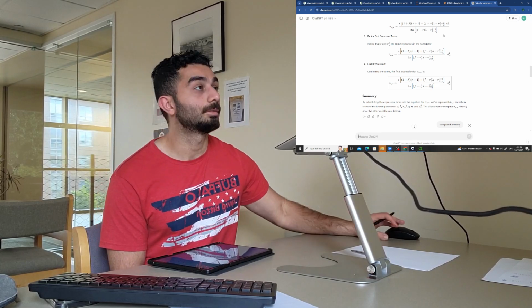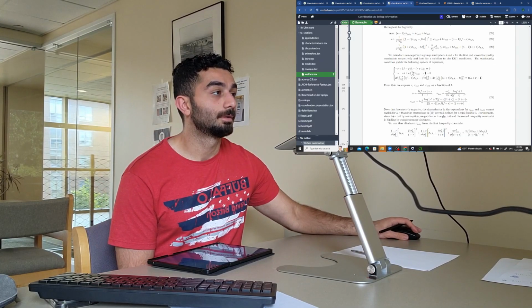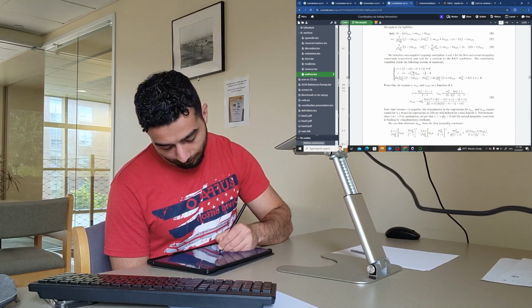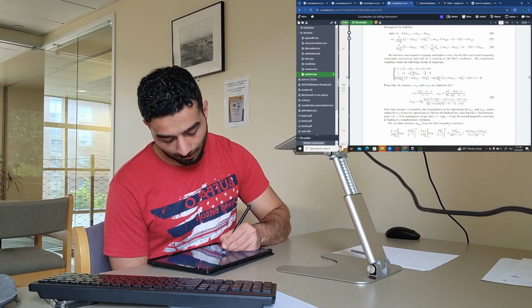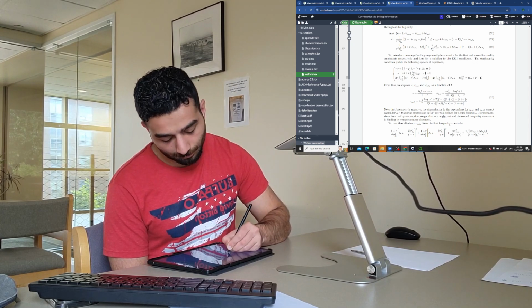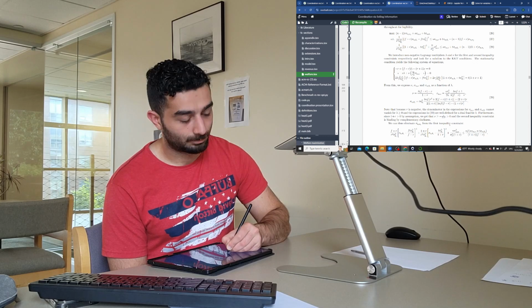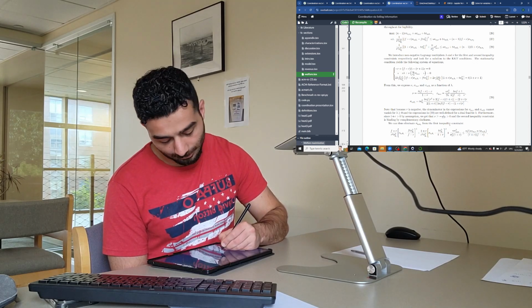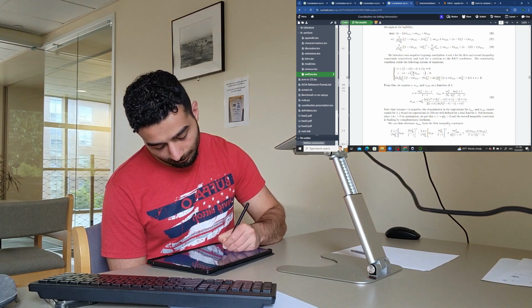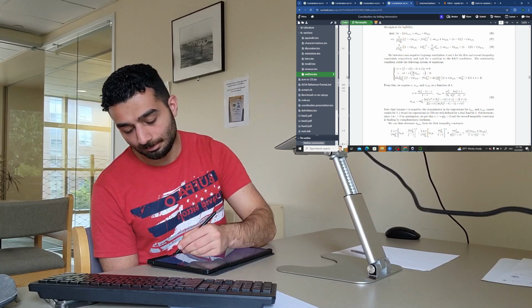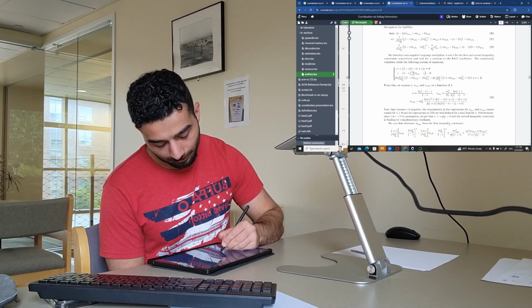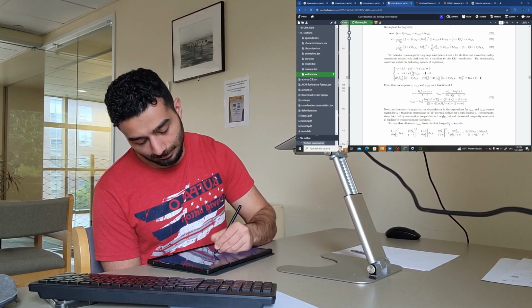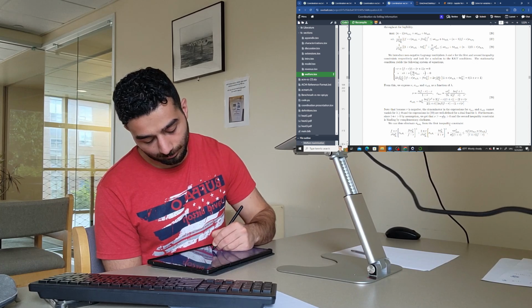This should be equal to lambda nf plus 1 over 2n, sorry, lambda (f minus r). The lambda (f minus r) goes away. Saying these two should be equal.